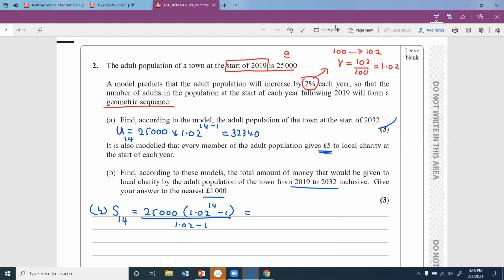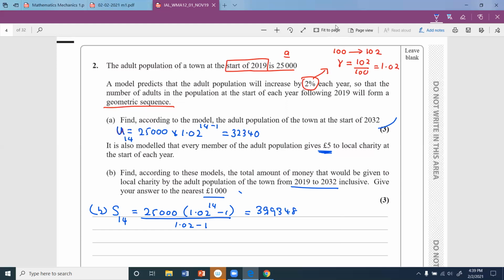Sorry, 25,000 into 1.02 to the power 14 minus 1, divided by 0.02. That gives the answer for this bit: 399,348. That is for £1.